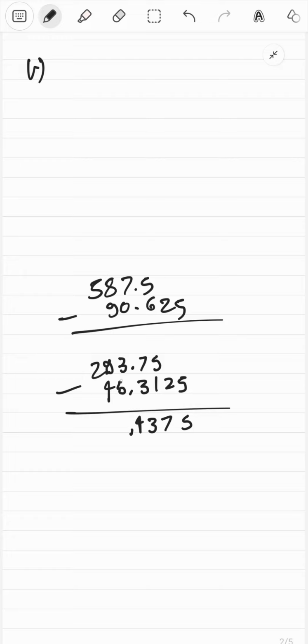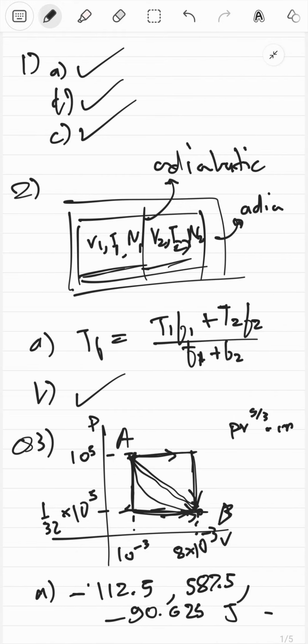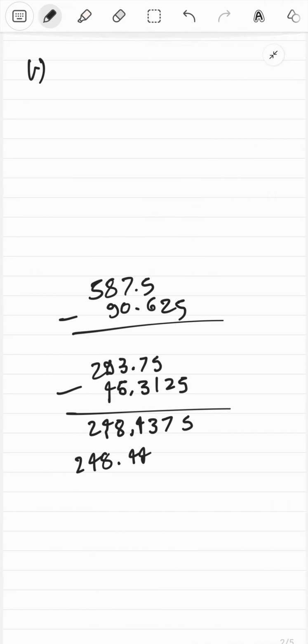Yeah, 8 plus 4, 2, 2, 4, 8 point, whatever, round it off to 248.4, 4 is better. It's 248.44 joules.